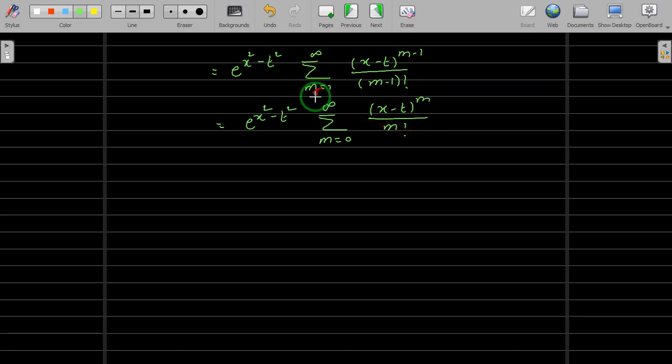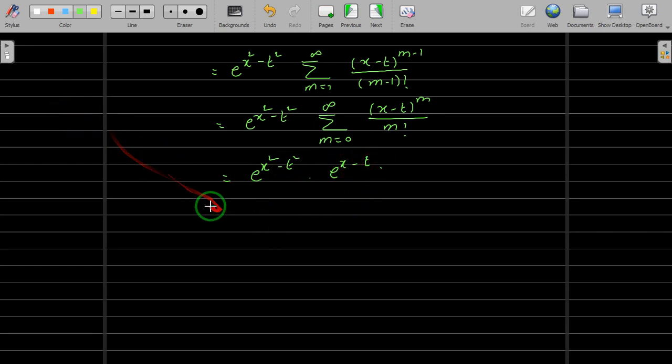You replace this series, or you can put m minus 1 equal to n, and you transform or start this series from 0. When you do it, you will get (x minus t) raised to m whole divided by m factorial. And this series is a known series which is an exponential series, so this is e raised to (x minus t).